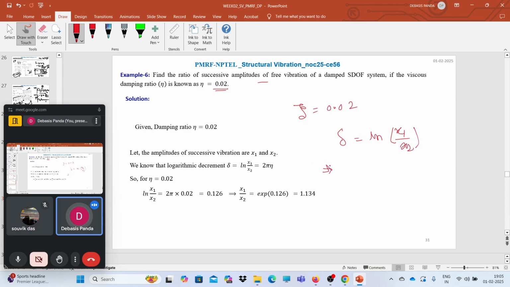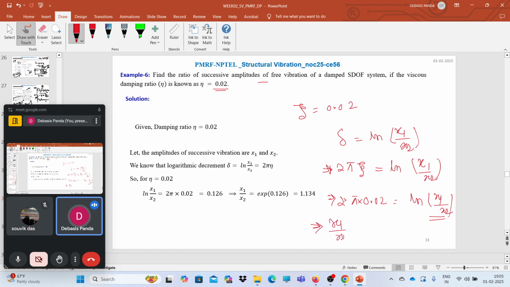So we know delta is equals to twice pi zeta is equals to ln of x1 by x2. Now we have twice pi, we have the zeta value 0.02 is equals to ln x1 by x2. So you need to find out the ratio x1 by x2. So just calculate x1 by x2 is equals to nothing but e to the power this. So that comes as 1.134. Right? Understood?